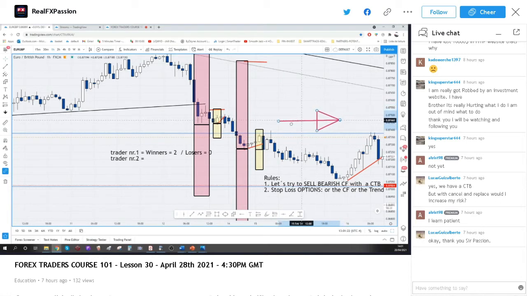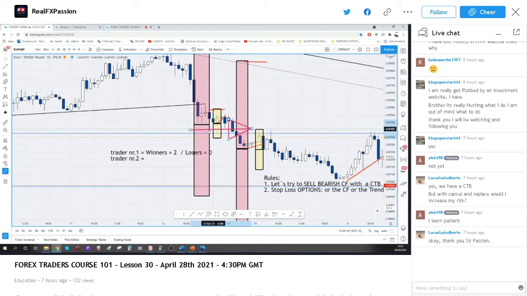So what's the answer in here? Passion, what is best? There is no best, everybody. You need to understand that it's a different style. Somebody is better at putting the stop loss above or below the candlestick formation. This would be a scalper style, this would be an intraday trader, makes sense?